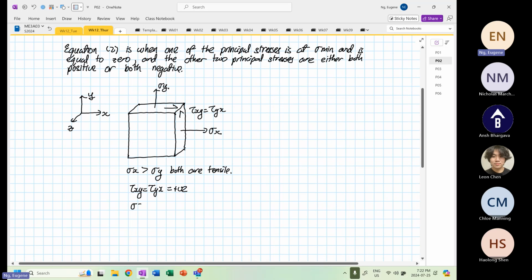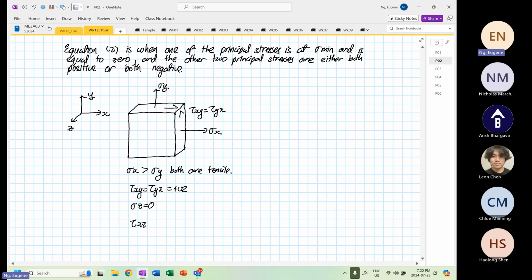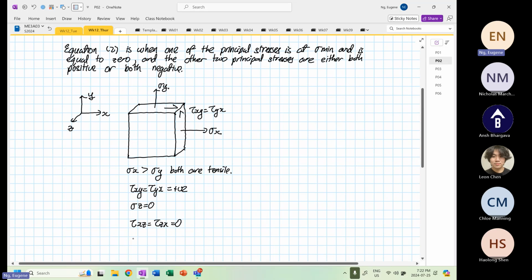And then stress Z is equal to 0, and the other components, shear XZ equal to shear ZX equal to 0, and shear YZ equal to shear ZY equal to 0.